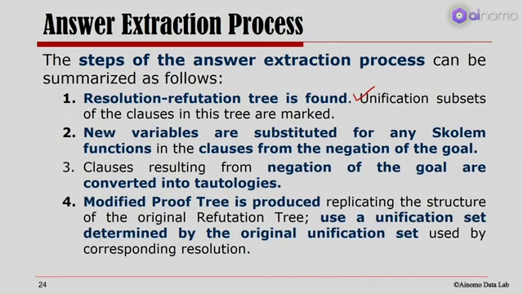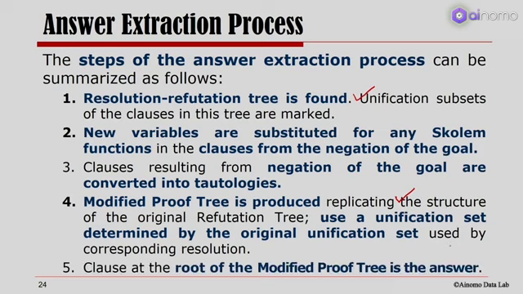Modified proof tree is produced, replicating the structure of the original refutation tree. So, the structure must remain the same, and use a unification set which is determined by the original unification set, and therefore, we have to mark the unification set of the clauses while we are doing the resolution refutation.